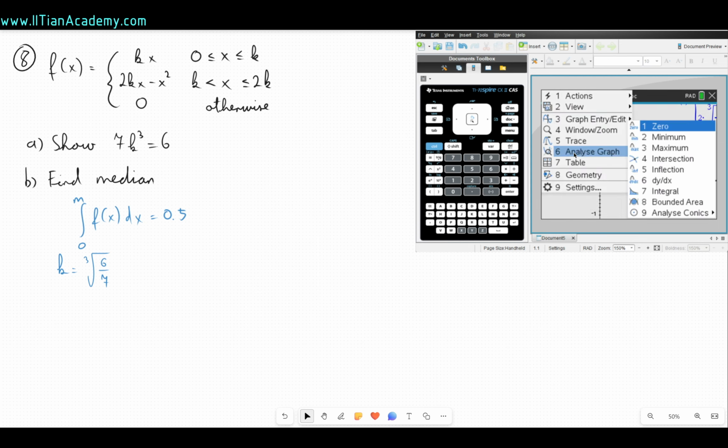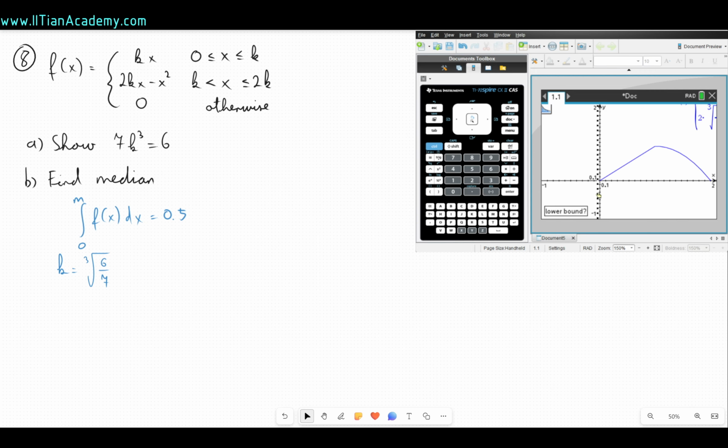Let's say analyze graph, and we want to find the integral from 0 to like the midpoint over here. We see that it doesn't quite cross it yet, so we reach 0.5 somewhere in this second region, this second part of the graph. So we need to find this new integral.